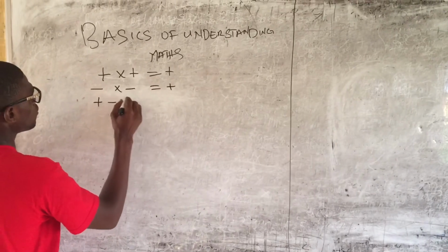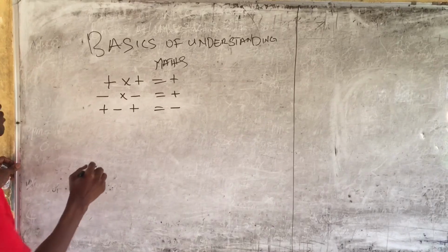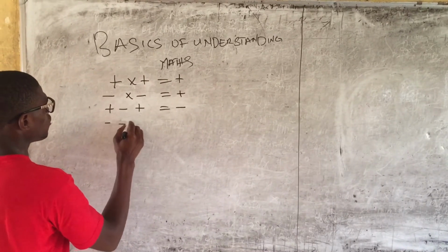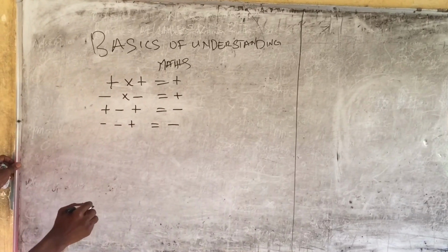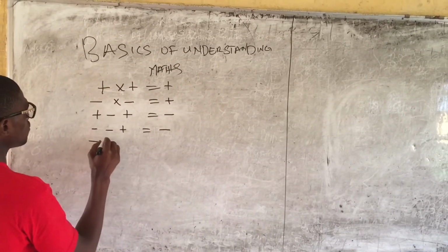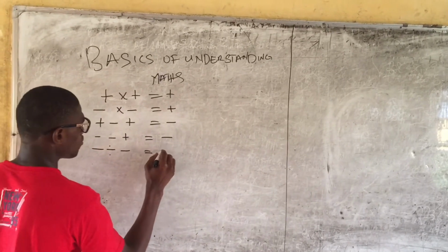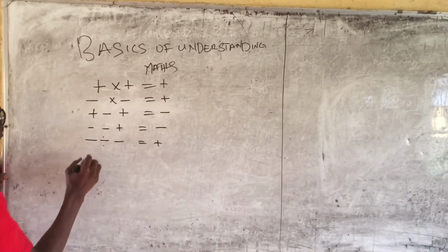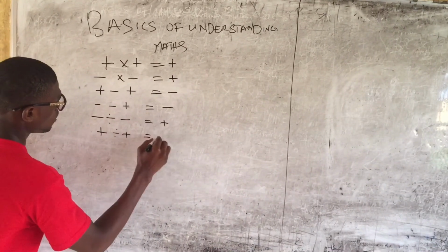Plus times minus will give you minus. Minus times plus will give you minus. Minus divide minus will give you plus. Plus divide plus will give you plus.